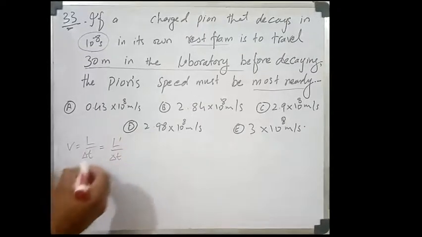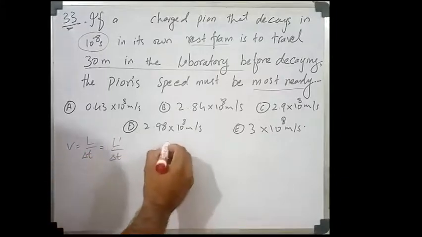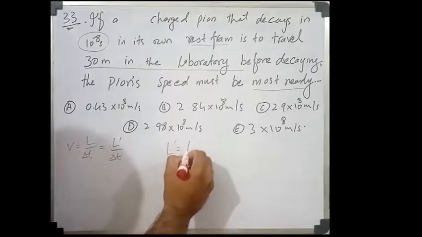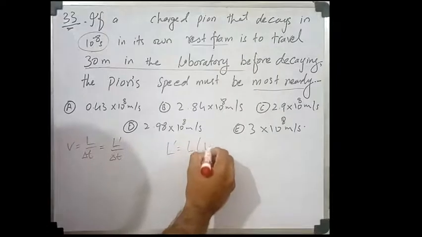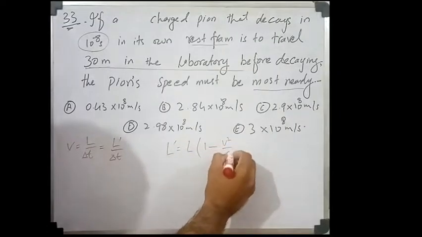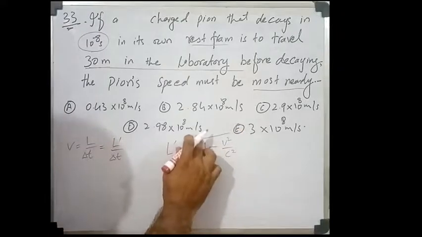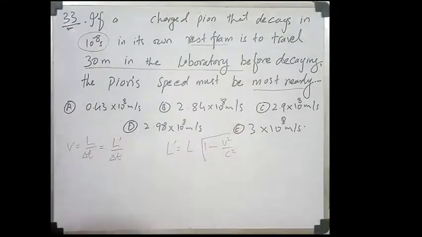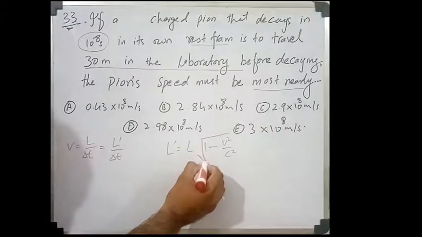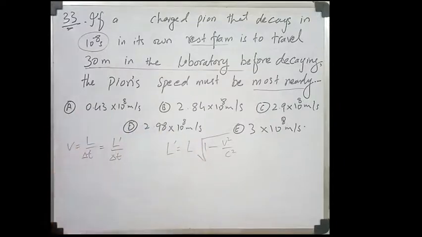We will use here the contracted length. L prime is equal to L into the square root of 1 minus v square over c square. We will use this term in this formula because it is in the laboratory frame.